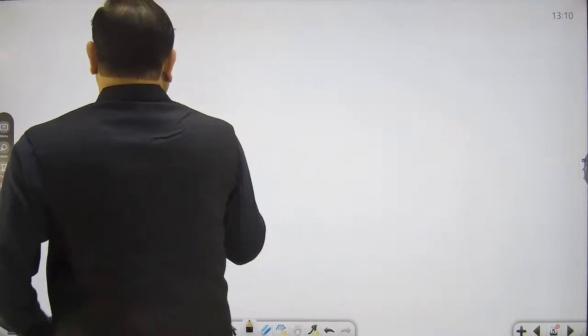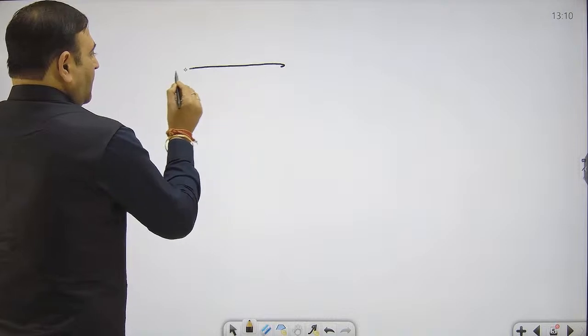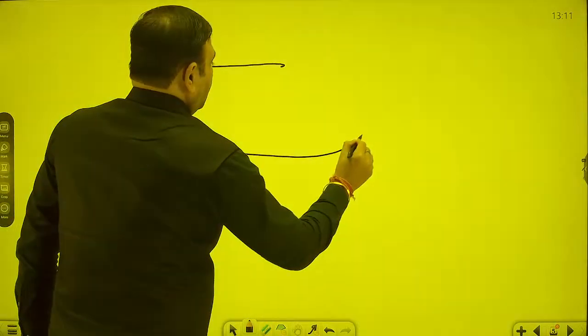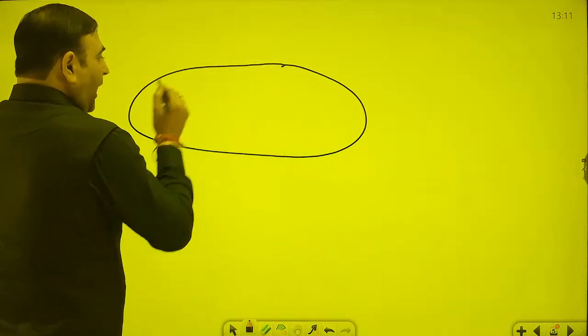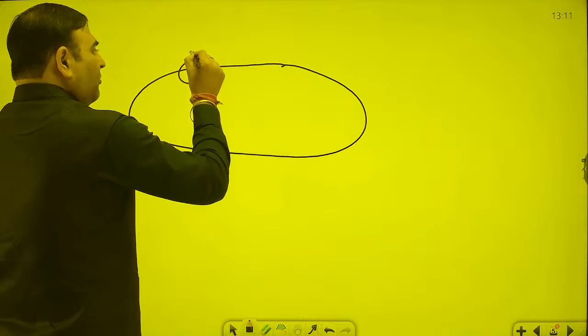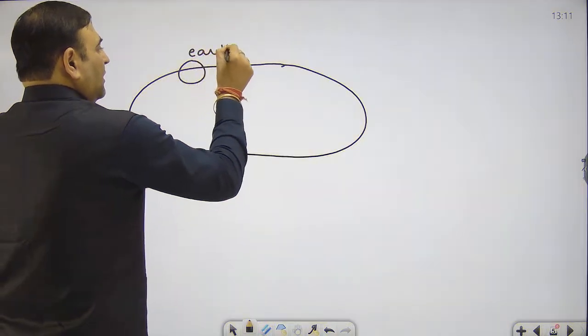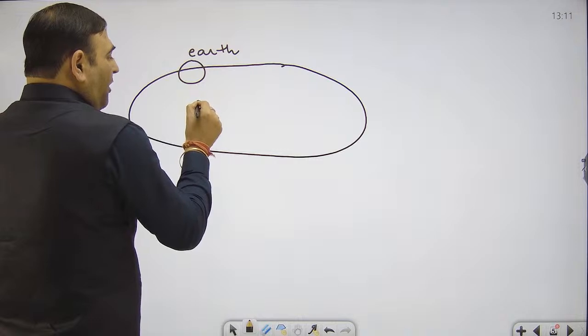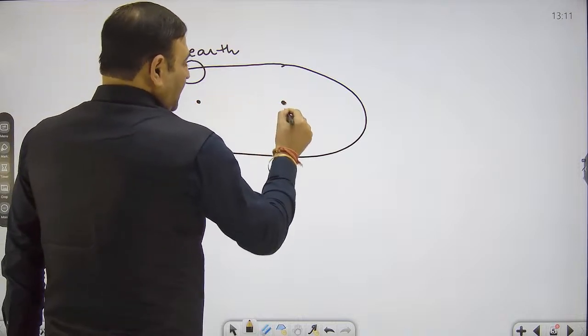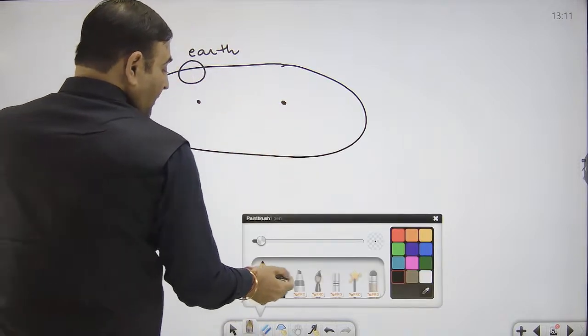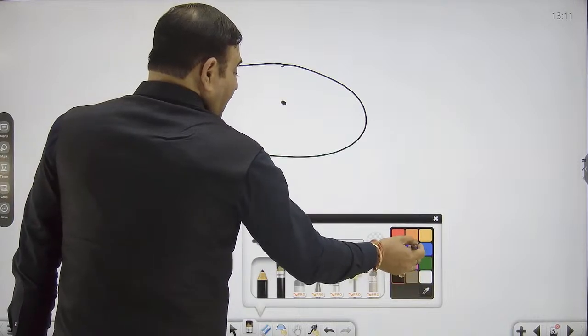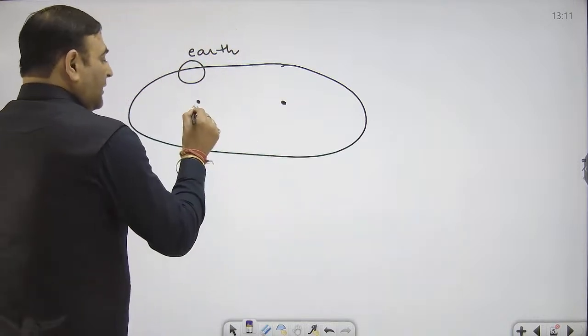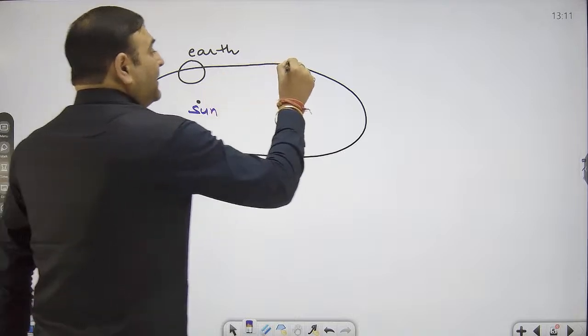the earth revolves around the sun in an elliptical orbit.